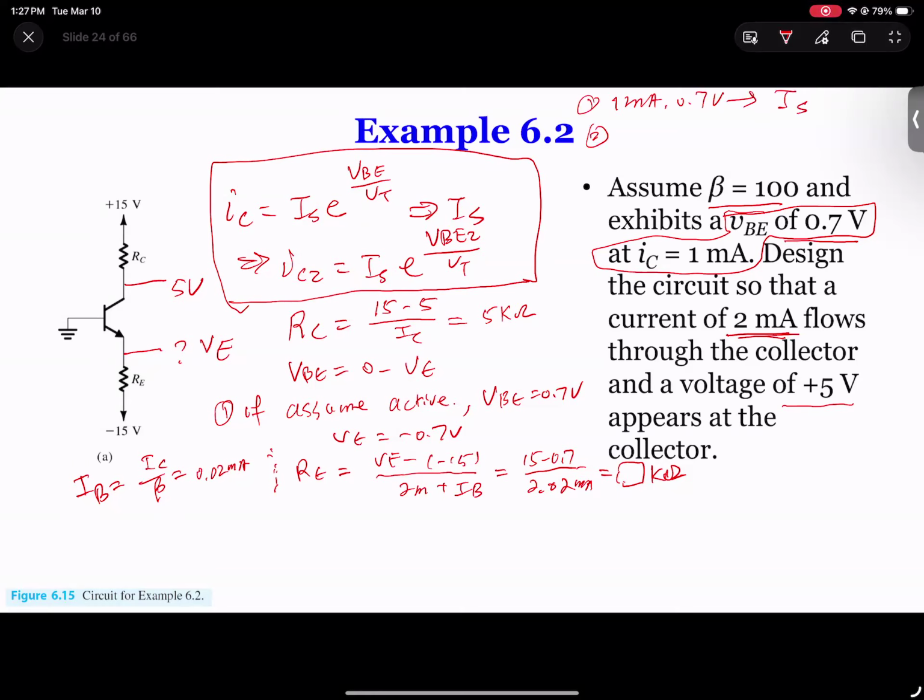And step 2, next, it says it's 2 milliamps, right? So from here, 2 milliamps goes with that IS, because IS is already known, so that VBE2 will be the exact value for this transistor.